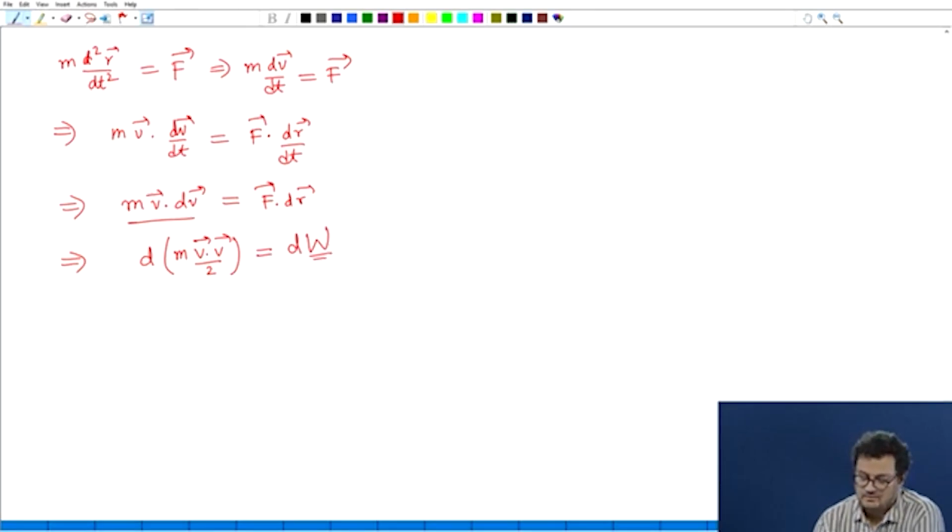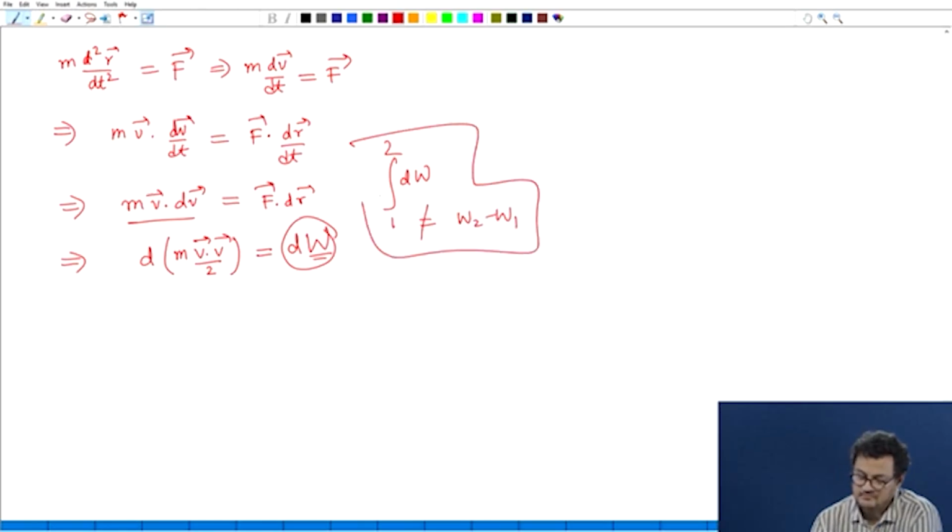So, I can just write this, but this is not an exact differential. That means, if you integrate dW between some point 1 and 2, it will simply not be W2 minus W1. That is not possible for W. So, I can somehow name this like this.